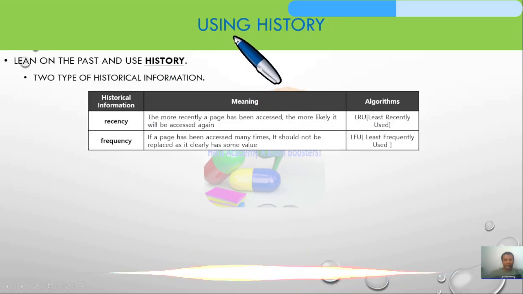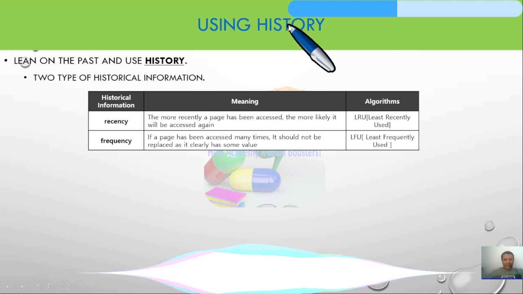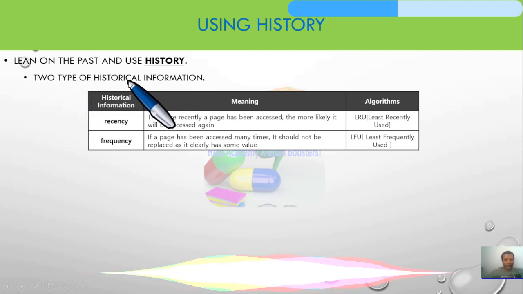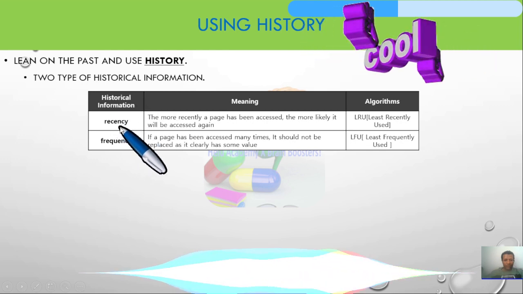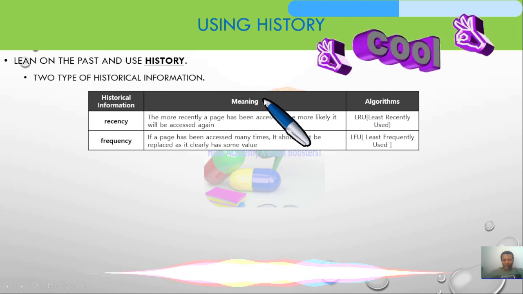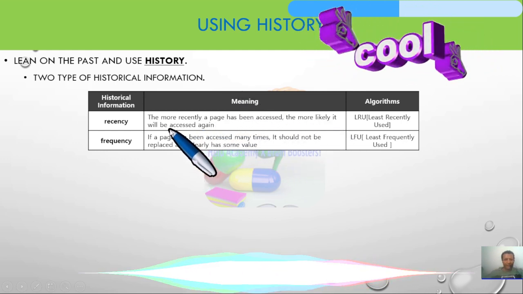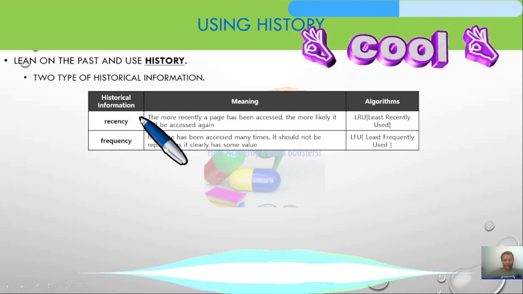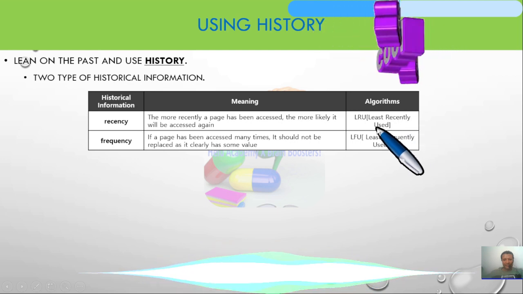Now let's see another approach: leaning on the past and using history. There are 2 types of historical information, recency and frequency. Recency means the more recently a page has been accessed, the more likely it will be accessed again. And we have LRU, which is least recently used.